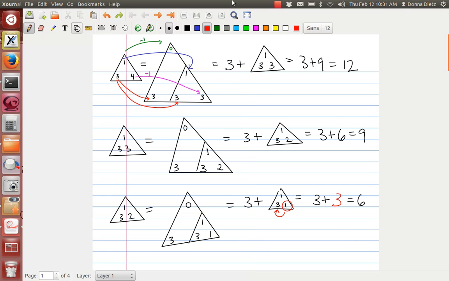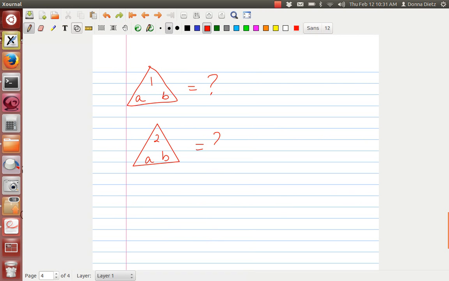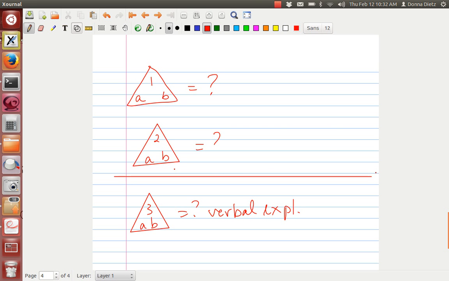Do you have enough clues to figure out what is going on when there's a 1 in the upper corner and what is going on when there's a 2 in the upper corner? It's not addition, but it's something else you have a name for. Both of these are things you have names for. And this one, you might have a verbal explanation, but you don't have mathematical language to describe 3 and up. You won't have the language, okay? But these ones you will. And so those are things that should come out in your write-up.